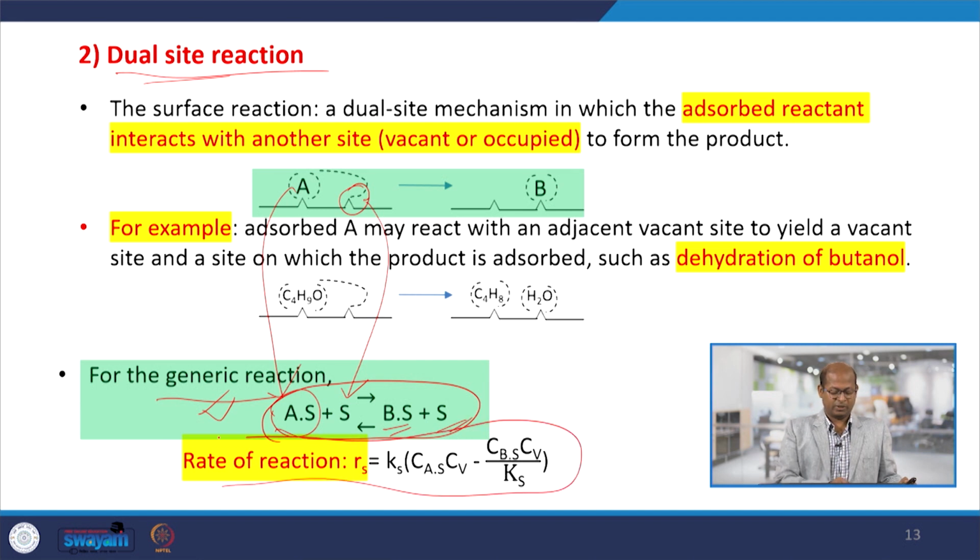So, the rate for this type of mechanism, the rate of surface reaction for a dual-site reaction, we can write this way. Okay. Here, similarly, k_s is there, C_AS concentration, this is the vacant site concentration, minus C_BS, the concentration of B on the surface, times the concentration of vacant site, divided by K_S. Similarly, if we consider the forward and backward reaction rates, we can write it this way. Okay.